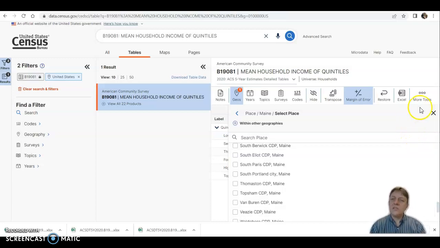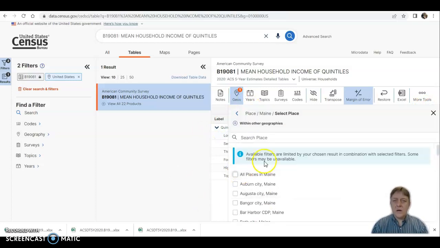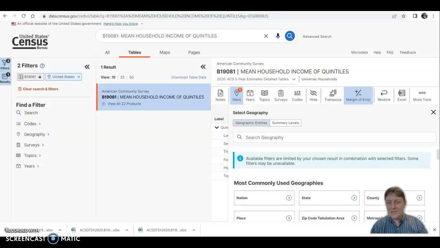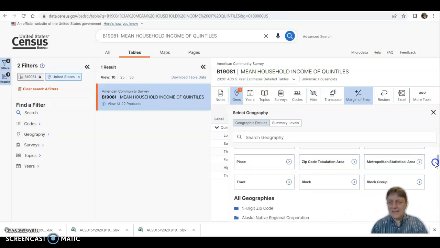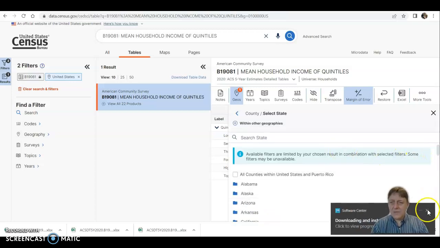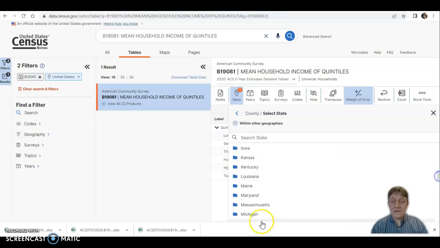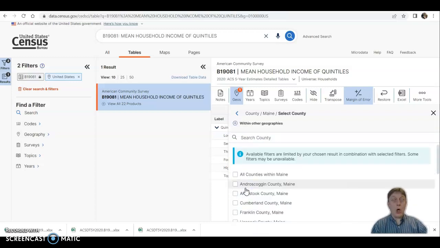So what could one do instead? For geos, let's hit that back arrow because we've been looking at places within Maine. We could look at counties within Maine. And when I click county, you'll see I'll be able to take a look at the state of Maine again. But it's not going to provide me all these towns, it's going to provide the counties.